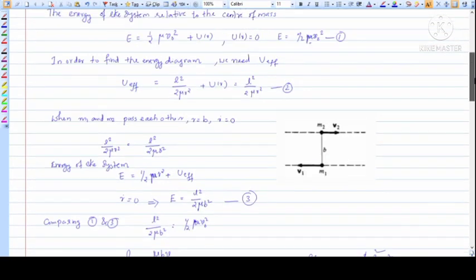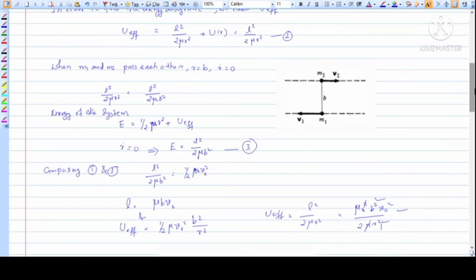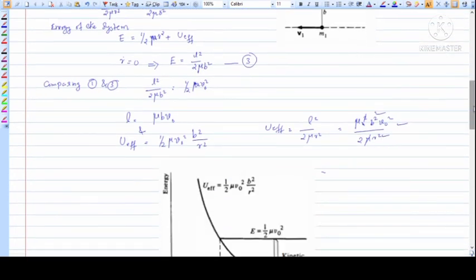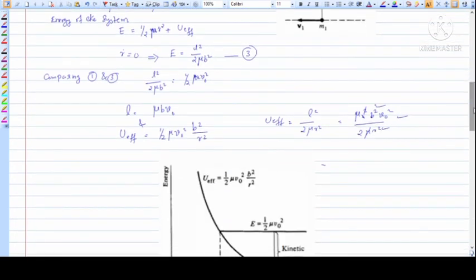So this is the expression for U effective.